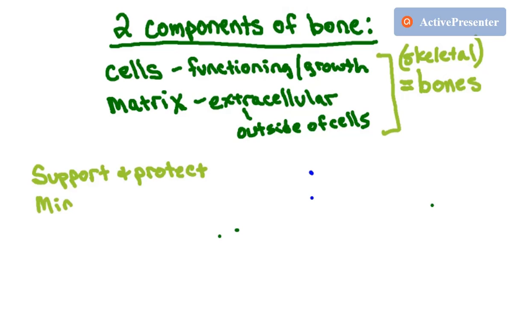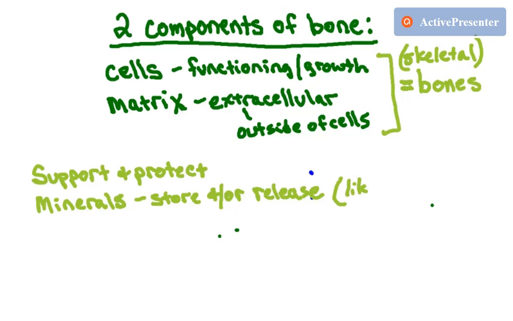It stores minerals. Your bones store minerals. And we were just talking about that in the hydroxyapatites. They store the minerals, and that's what makes your bones hard. But they can also release the minerals into your bloodstream if you need some more minerals in your system. Like, for instance, calcium.